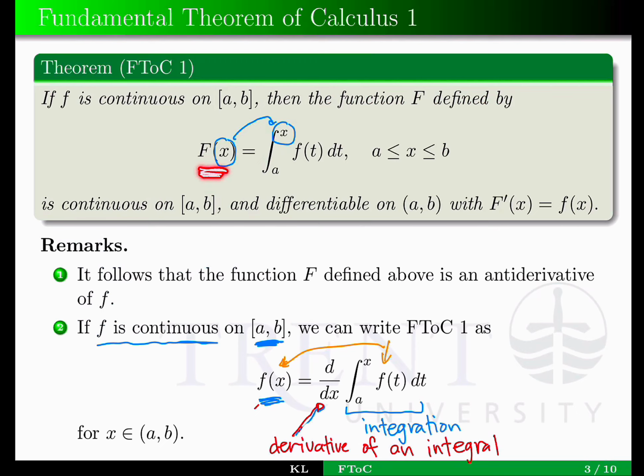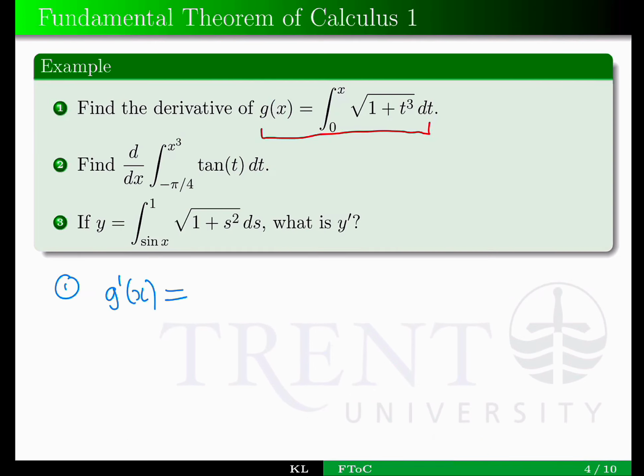Capital F of x in here, small f of t in here. We get the derivative of capital F, we just need to copy small f of x. Of course, don't forget that we replace that dummy variable with the x in here. So g prime of x will just be the square root of 1 plus x cubed.